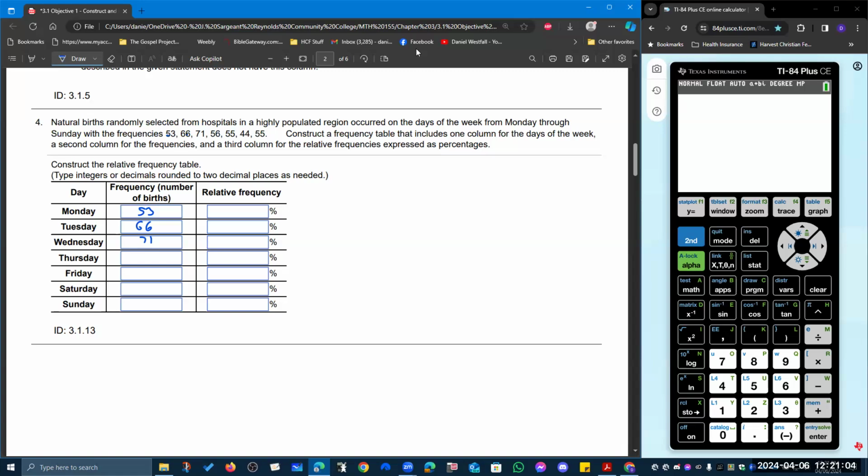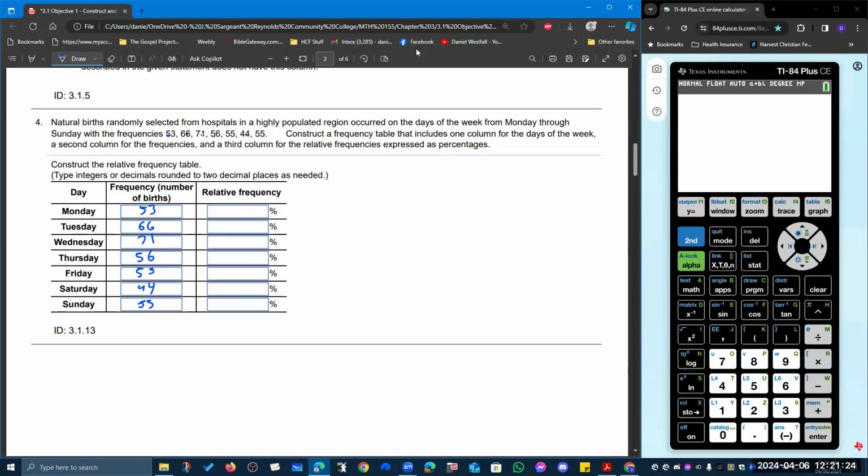Let's see, 1, 2, 3, 4, 5, 6. Okay. I just thought that there weren't enough numbers there for a second. 53, 66, 71, 56, 55, 44, 55. There we go.